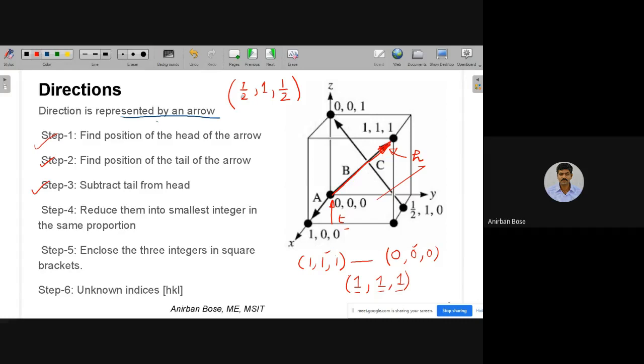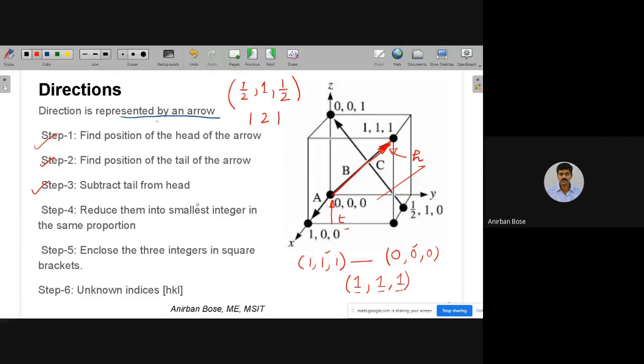In the same proportion, you multiply. So you simply multiply it by 2. The first coordinate becomes 1, the second becomes 2, and the third becomes 1, so all of them become integers.